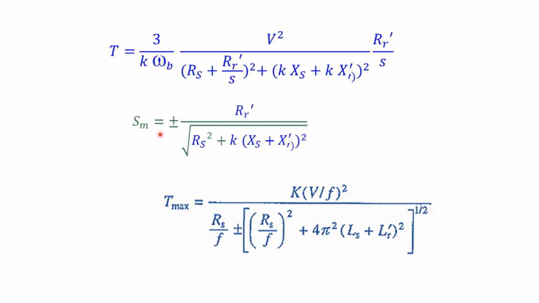The second equation, maximum slip, is directly proportional to rotor resistance. But the maximum torque, or the braking torque, is independent of rotor resistance.